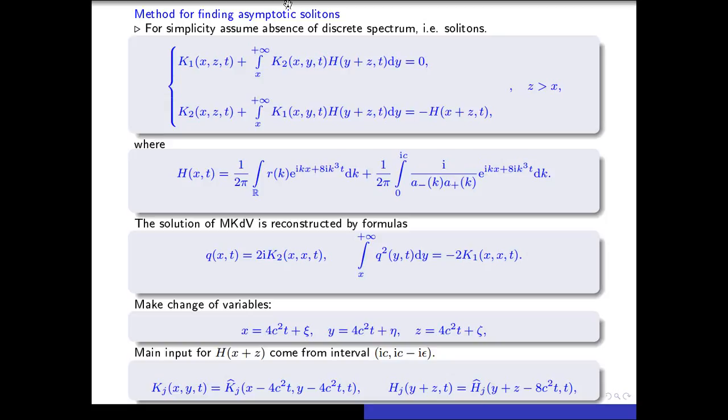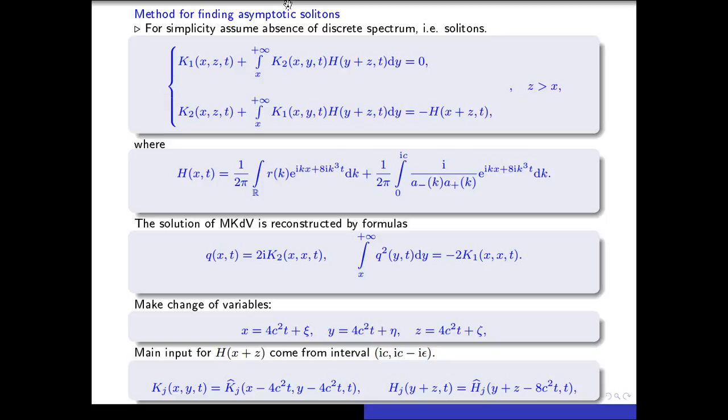And we see that if we are slightly below the leading edge, then they notice that in the neighborhood slightly beyond the leading edge, x equal to 4c squared t, the main contribution to this kernel h is given by integration over a small interval from iC to iC minus epsilon, since the other parts of the integrals are exponentially small.